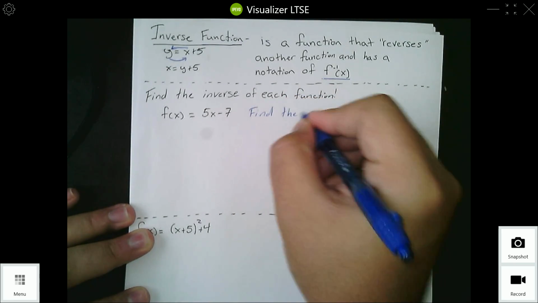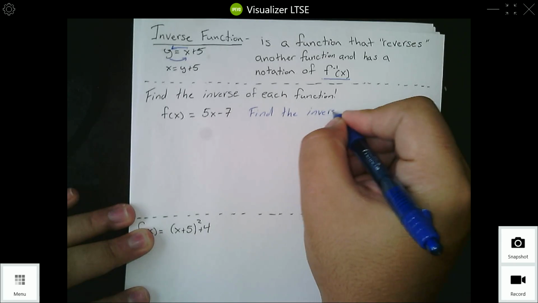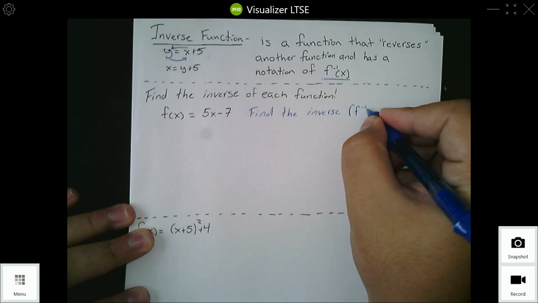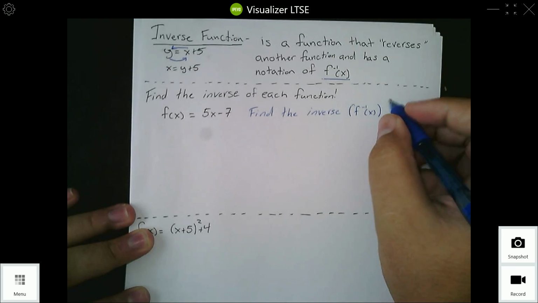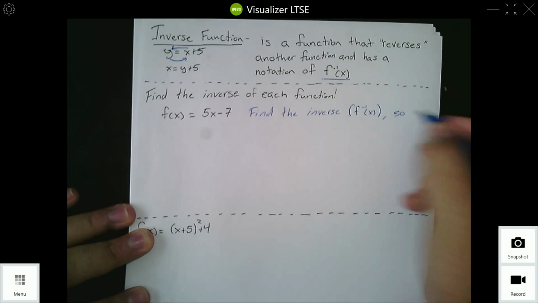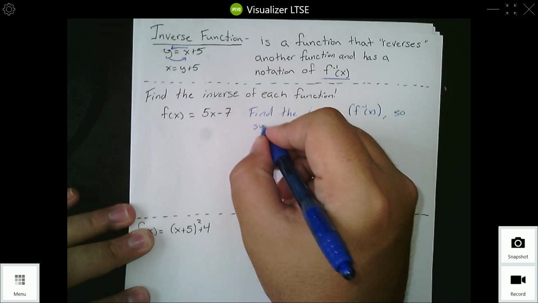find the inverse, f negative 1 of x. Find the inverse. So just switch x and y.